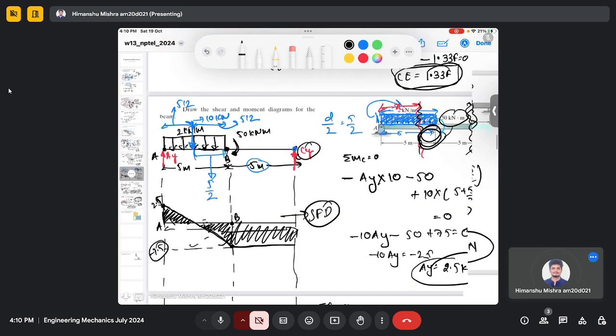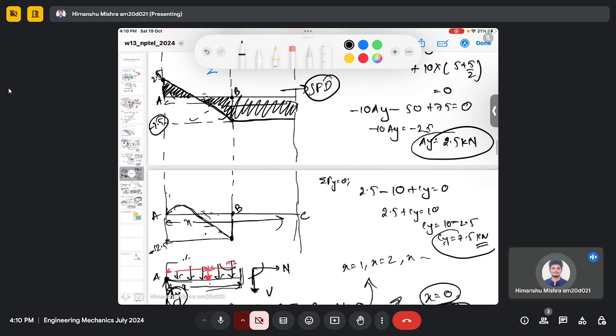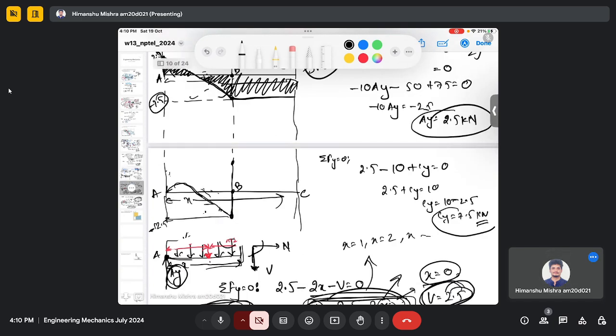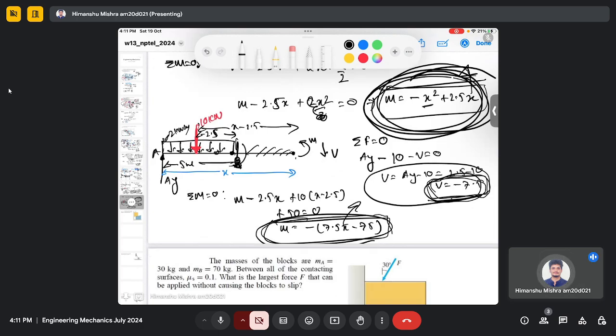Then due to this couple, there will be a sudden change in the bending moment. And here between region B and C, you can see it is given as 7.5x plus 75, and now it will vary linearly.